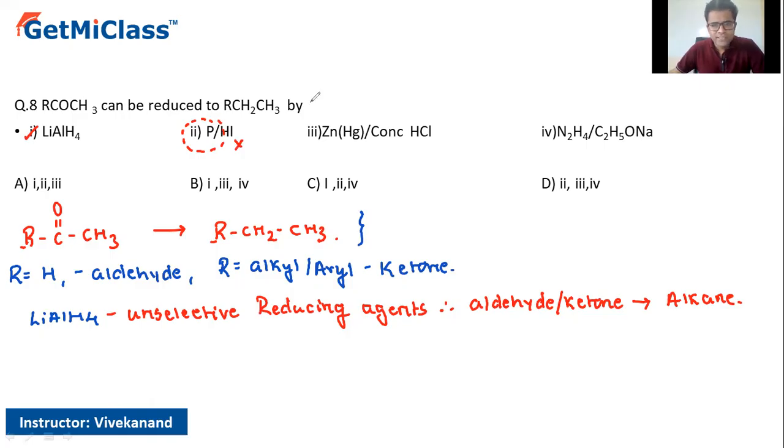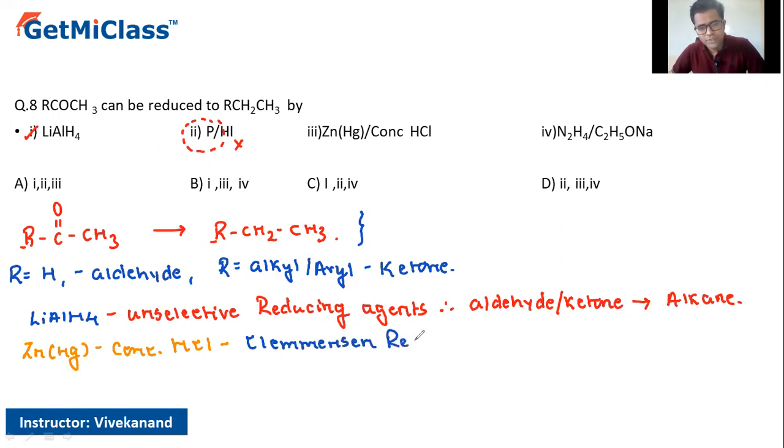When we observe the second condition over here, that is zinc amalgam in the presence of concentrated HCl, this one is actually a Clemmensen reduction.